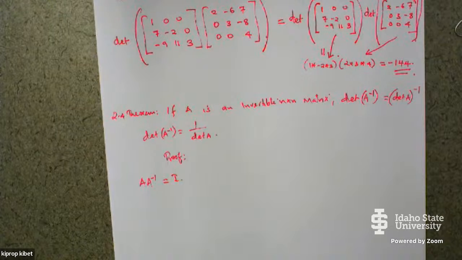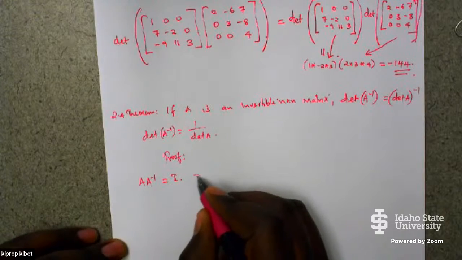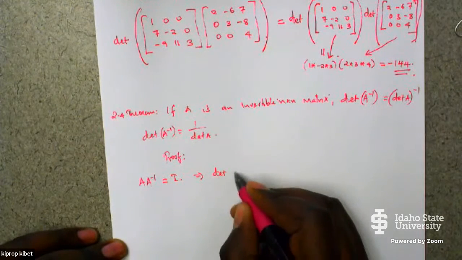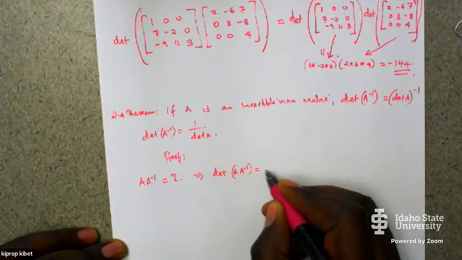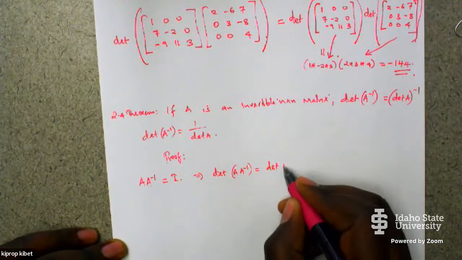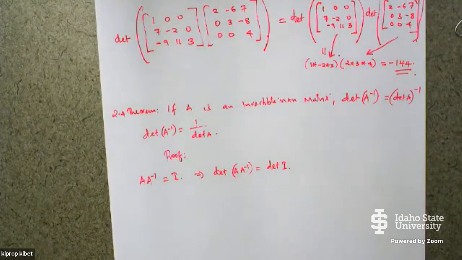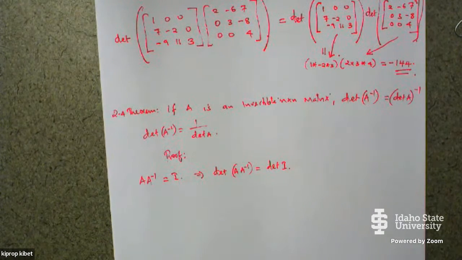Then, if you take the determinant of both sides, the determinant of A times A inverse is also equal to the determinant of the identity.